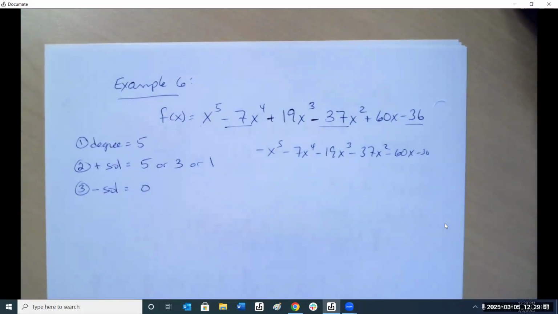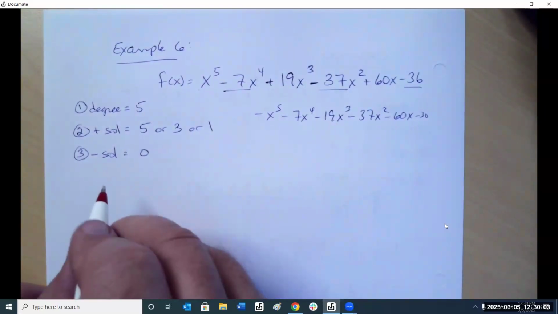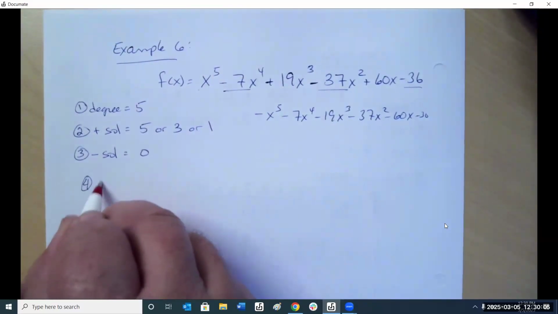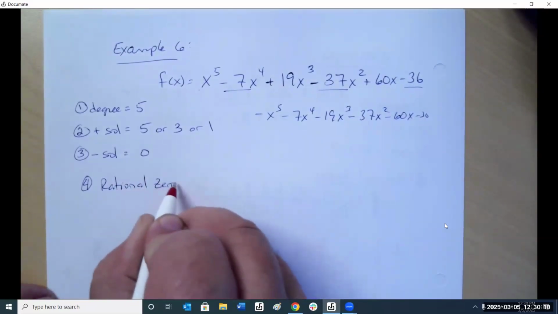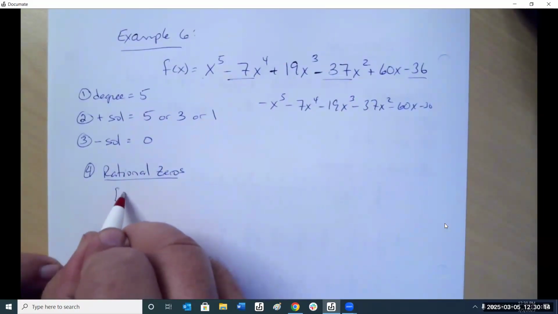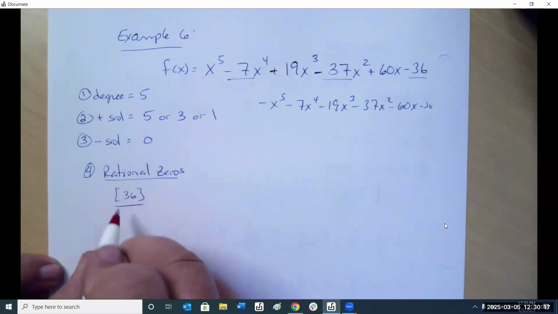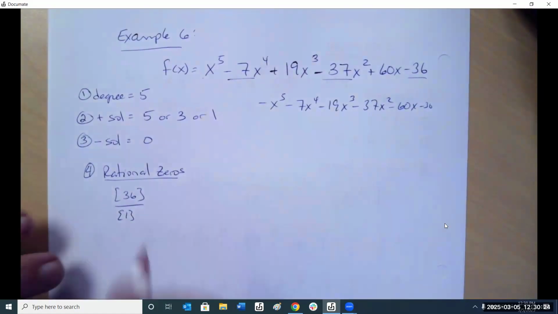So that is helpful, because now when we do the rational zero theorem, we don't have to do the negatives, we just do the positives. So 36 over... and even better, our leading coefficient is 1. So we have no weird fractions.